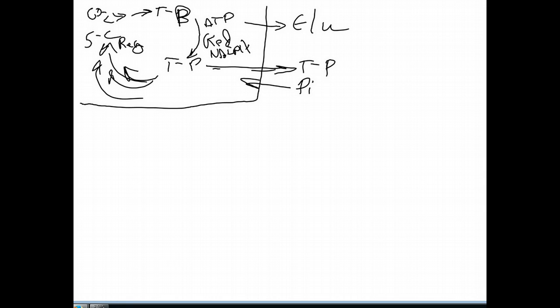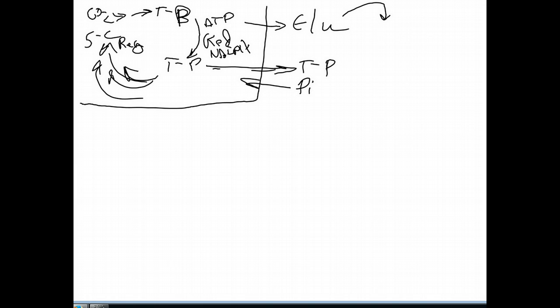So what happens to the triose phosphate? Let's burn the carbon. We've just made the carbon, now let's take it back to CO2. What happens next? Anybody remember? Let's go up here and say we're going to go with glucose.